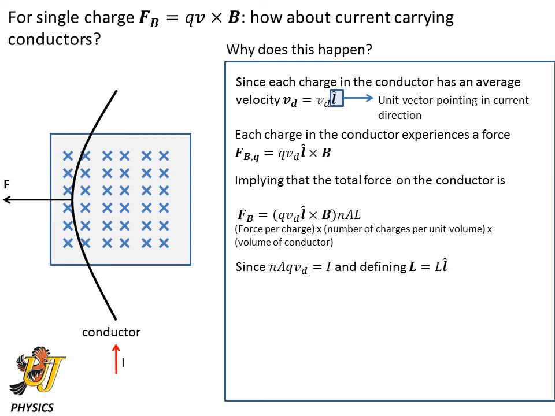We can simplify this expression by substituting in the value for the current and defining a vector L equal to the length of the conductor pointing in the direction of current flow. Then we have that the magnetic force acting on a current-carrying conductor of length L is equal to the cross product between the vector L and the magnetic field, multiplied by the current flowing through the conductor.